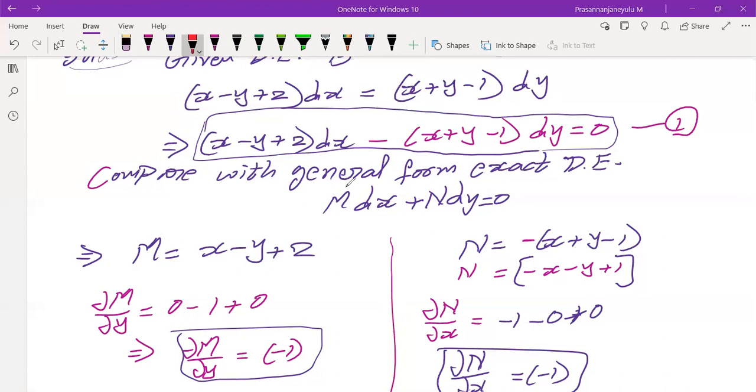M is the coefficient of dx, so partially differentiate m with respect to y, that is dou m by dou y. N is the coefficient of dy, so partially differentiate n with respect to x. You have to concentrate on this.